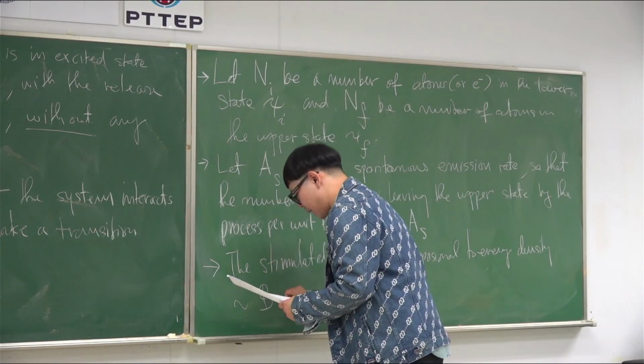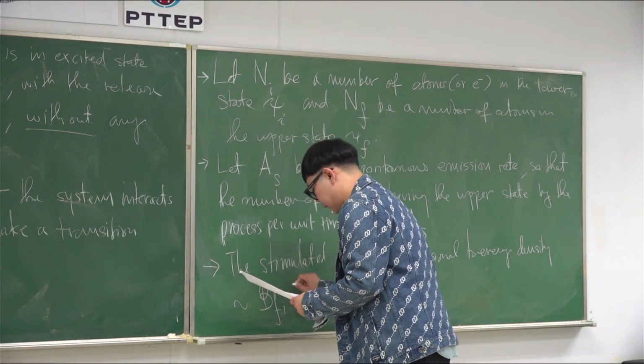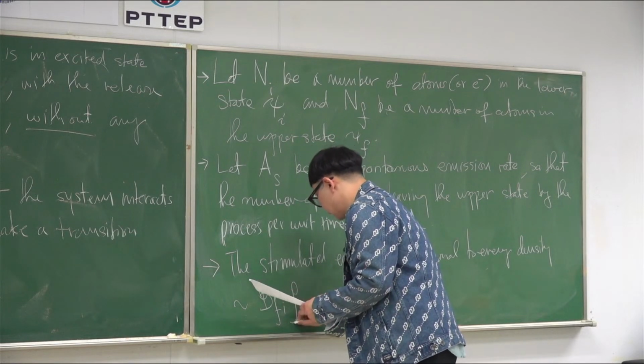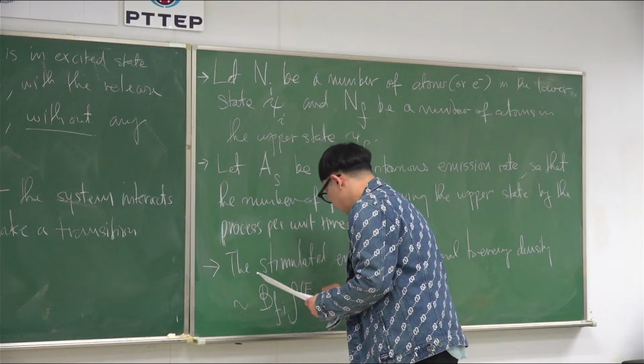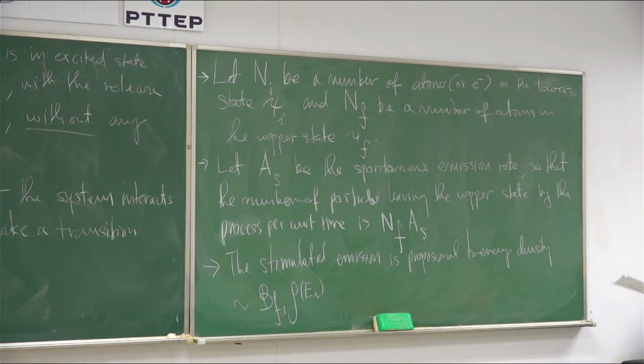Suppose that you have another NF. This is the rate of the stimulated emission rate, right? Okay.